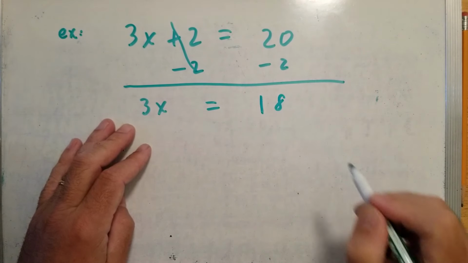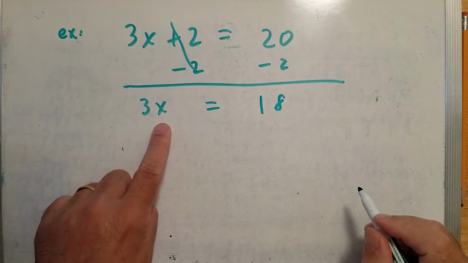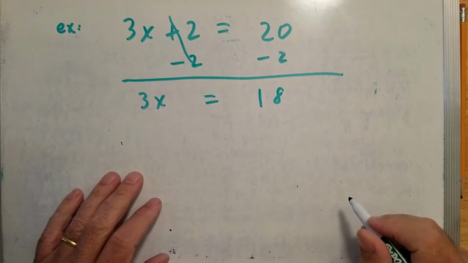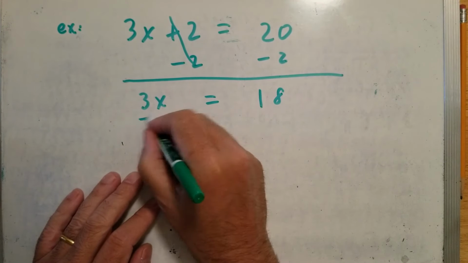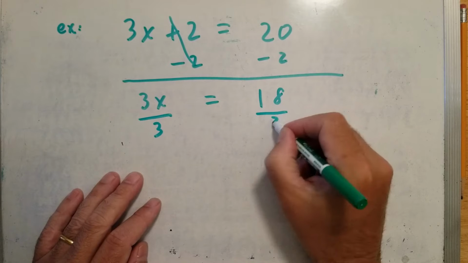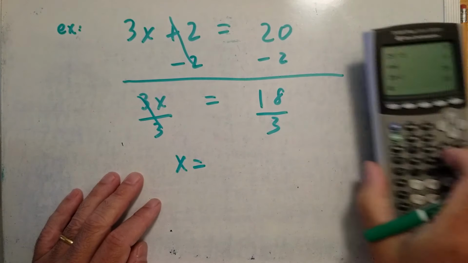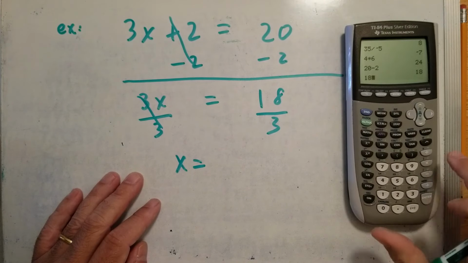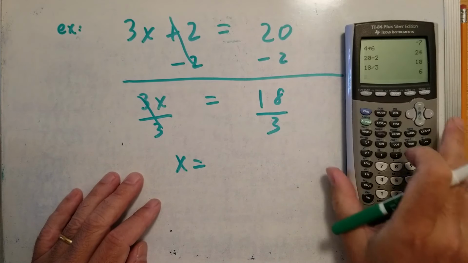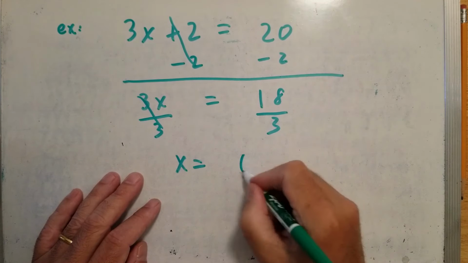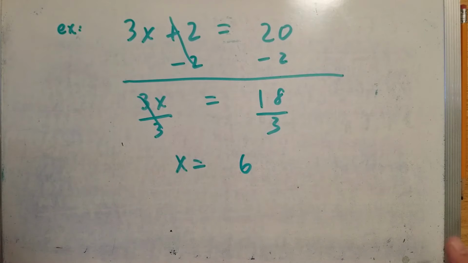Okay, now the equation isn't done yet because I still have this 3 multiplying x, but I can cancel that off by dividing both sides by 3. These 3's cancel out. 18 divided by 3 is 6. So that equation has an answer of x equals 6.